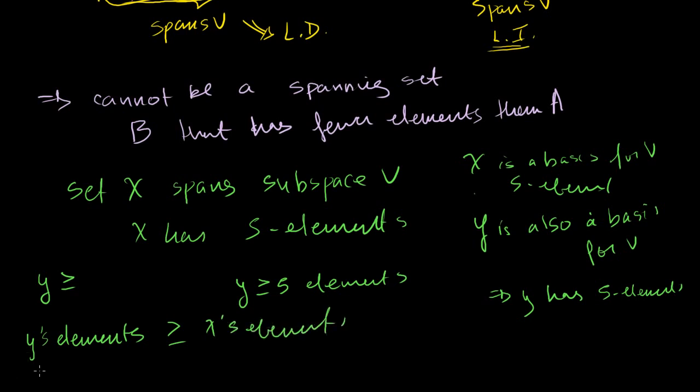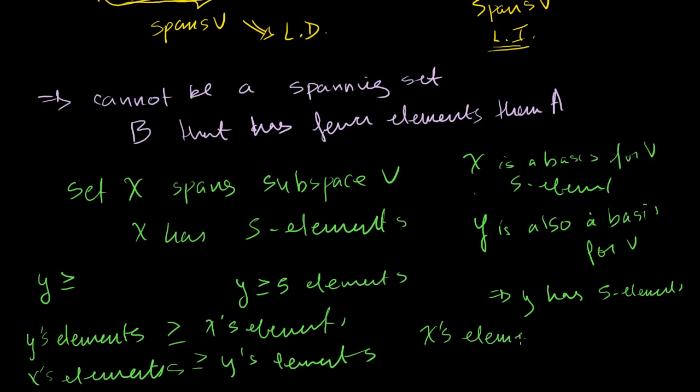And then since X is a spanning set, X's elements have to be greater than or equal to Y's elements, because Y is a basis. I know you can't read that, but if this guy's elements are less than or equal to this guy's elements, and it's also greater than or equal to, we know that the number of elements that X has, or the cardinality, is equal to Y's elements.